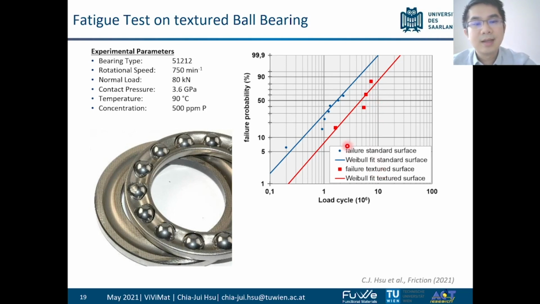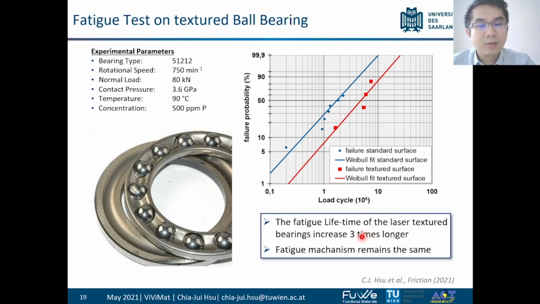Then we can see that the load cycles increase from 1 to 3. So we increase the lifetime 3 times longer. And also, if you see the slope of these two lines is actually the same, we can say that the fatigue mechanism remains the same.